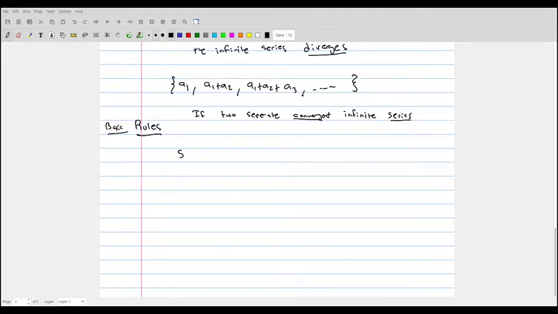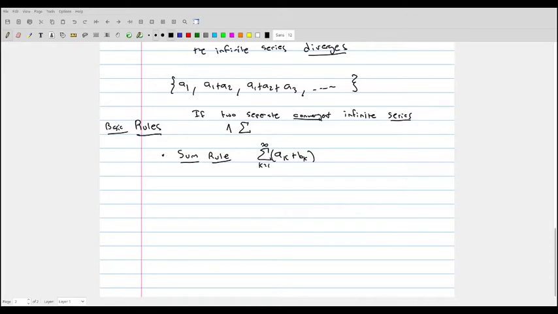So we have a sum rule, which basically means that if you take the summation from k equals 1 to infinity of ak plus bk, we'll call these two convergent series.